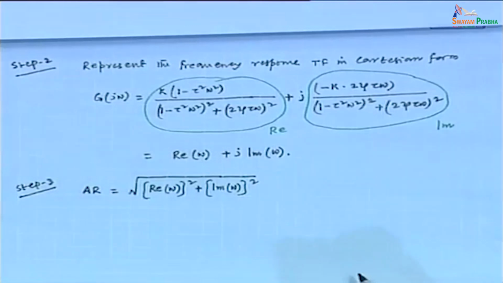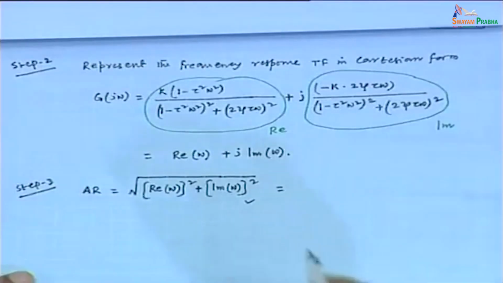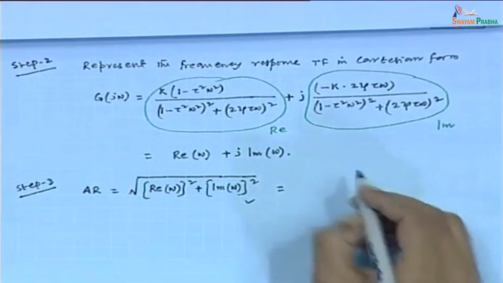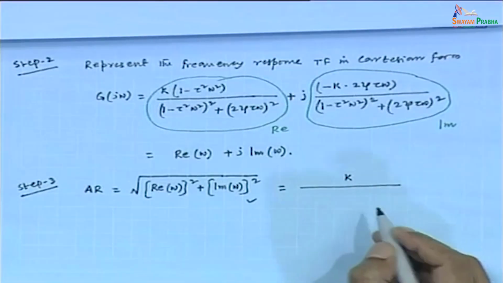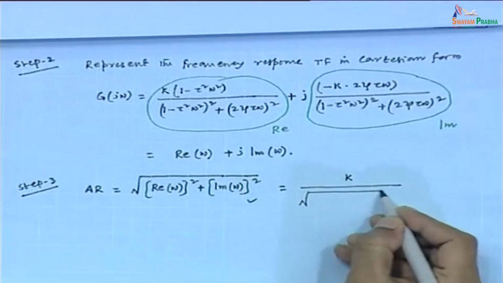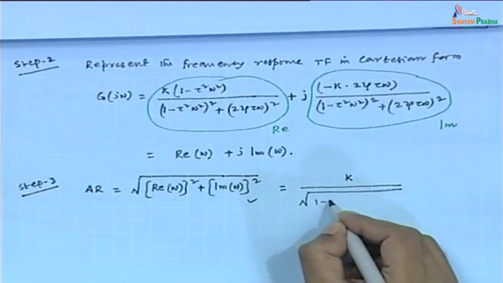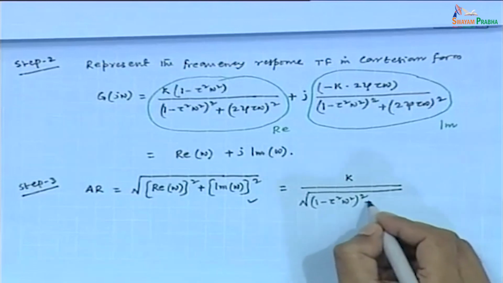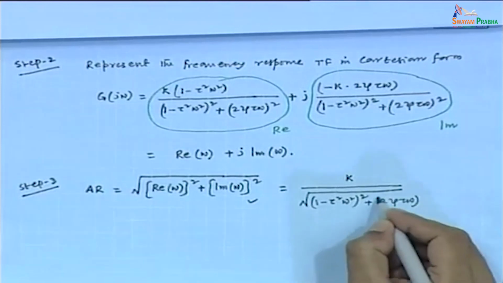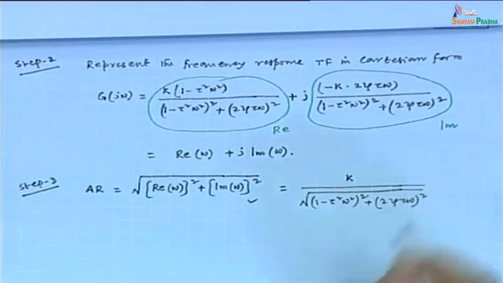If we substitute real and imaginary parts, the amplitude ratio becomes k divided by root over of 1 minus tau square omega square whole square plus 2 zeta tau omega whole square. So, this is the amplitude ratio for the second order system.